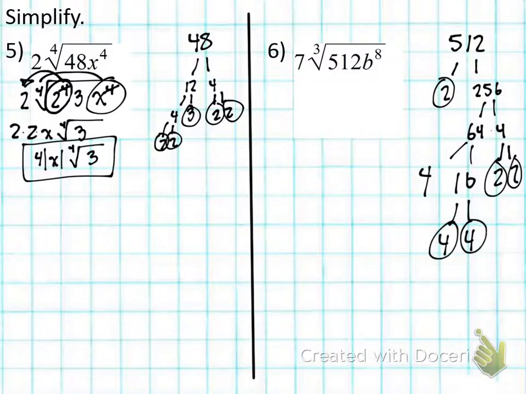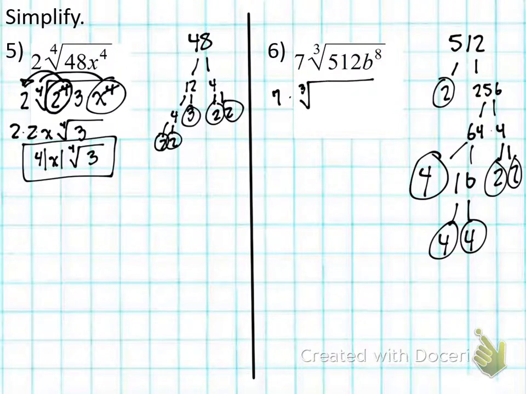So I kind of make my factor tree work it out. I could have done this whole thing, by the way, 512 is 64 times 8. So anyways, it doesn't matter which way you go. So, we got 7. I'm going to rewrite this. 7 times the cube root of, and then I have a few factors here.